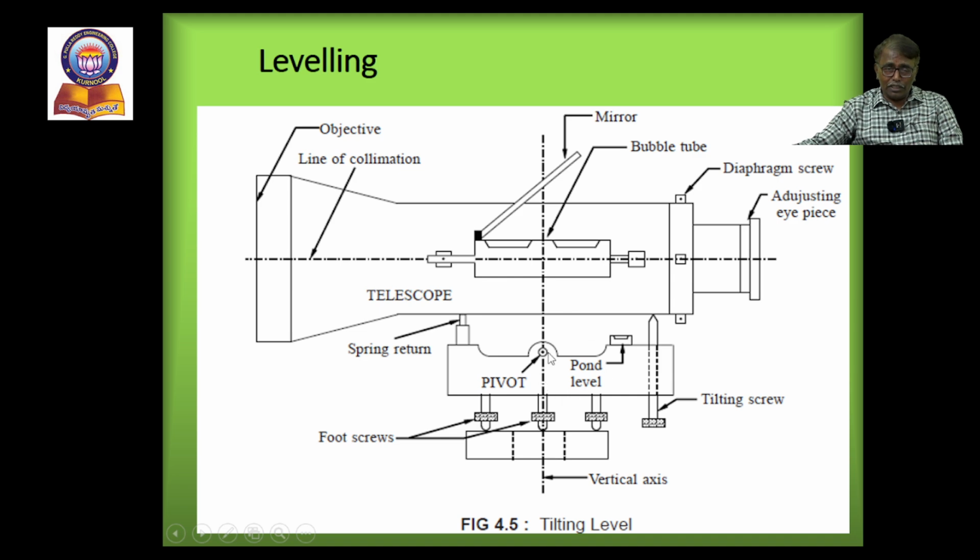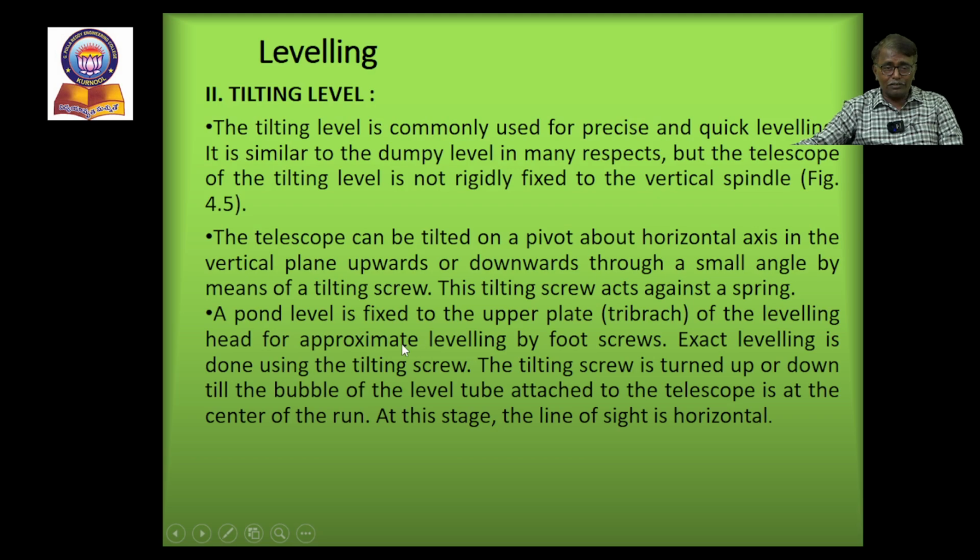The only thing here is that a pivot is provided, and a spring return is there. So the tilting screw is provided. Approximate adjustment may be made by the foot screws, and the bubble is brought to center by adjusting the tilting screw. This is the main theme here.